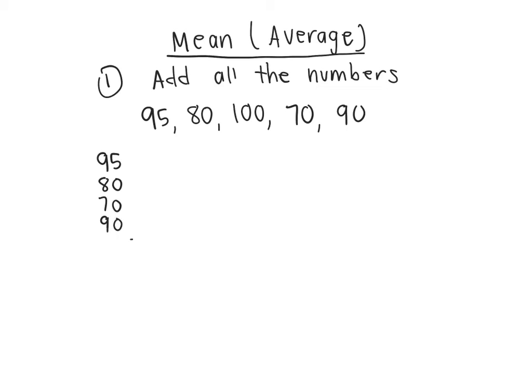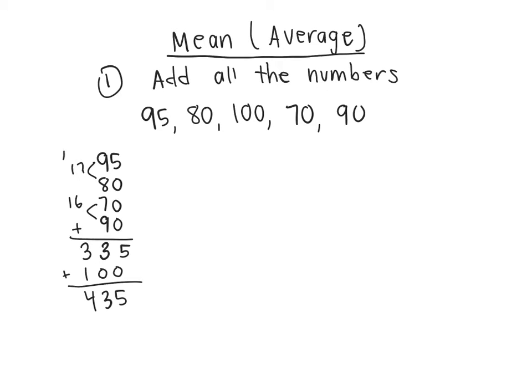I'm not going to add the 100, I'm going to add it last. 5, and then 9 plus 8 is 17, 7 plus 9 is 16, 7 plus 6 is 13, 335, and then 100, which would be 435.